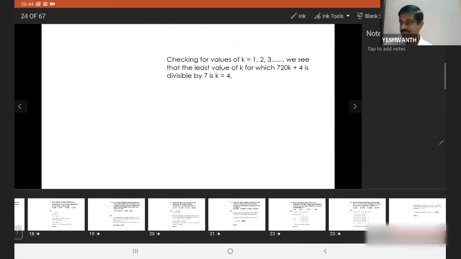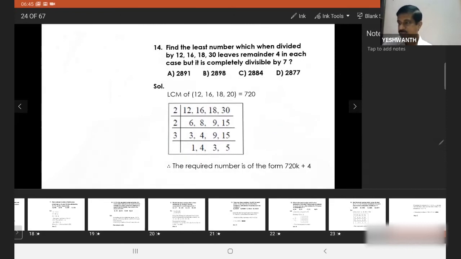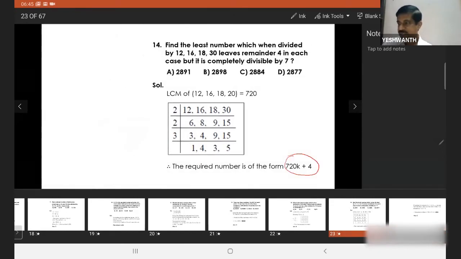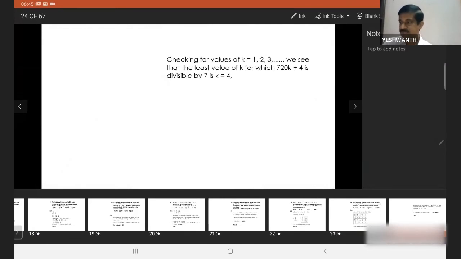Checking with values of k as 1, 2, 3, 4, and so on, 720k plus 4, when it is divisible by 7, its remainder should be 4. Let's look at this question. It leaves a remainder 4 in each case, but it is completely divisible by 7, he says. So now if you put k as 1, 724.